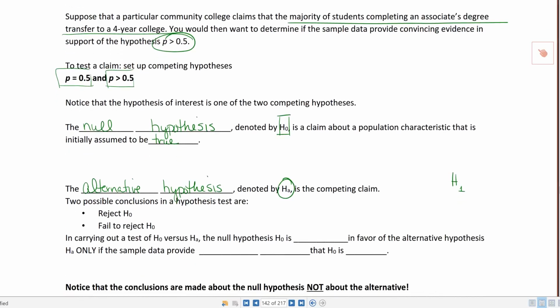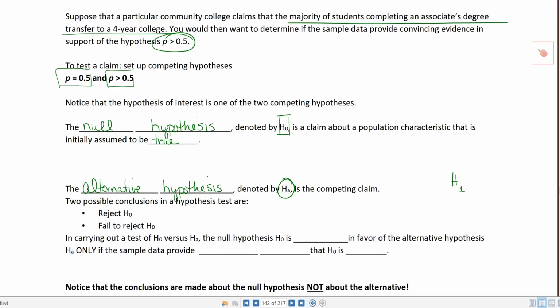So when you have these two competing claims, there are two possible conclusions that the hypothesis test can give you. You can reject the null hypothesis, and you can say what we used to believe to be true, we really don't think is anymore, right? We're rejecting that. Or we can fail to reject the null hypothesis.